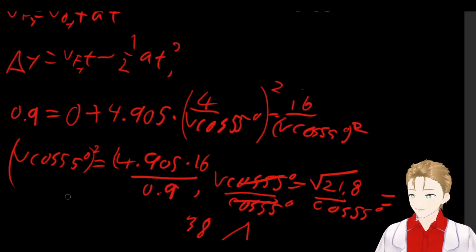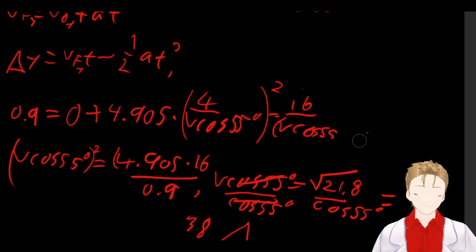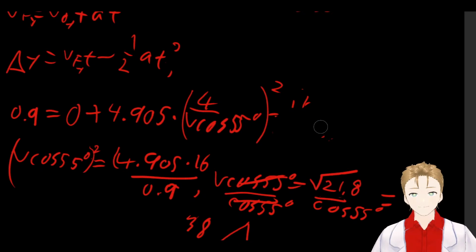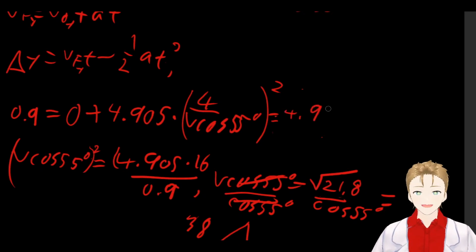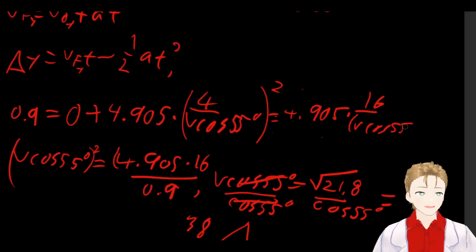Let's think about this. Let me be thorough. 4.905 times 16 over v cosine 55 degrees.